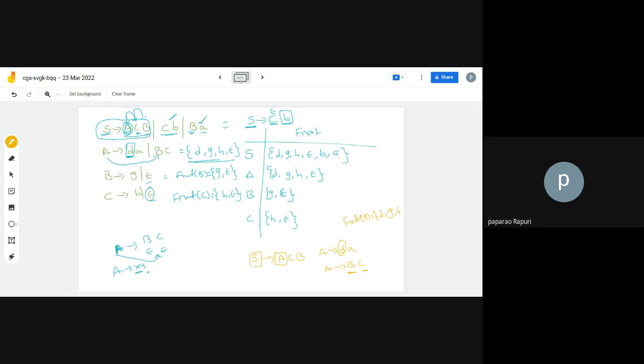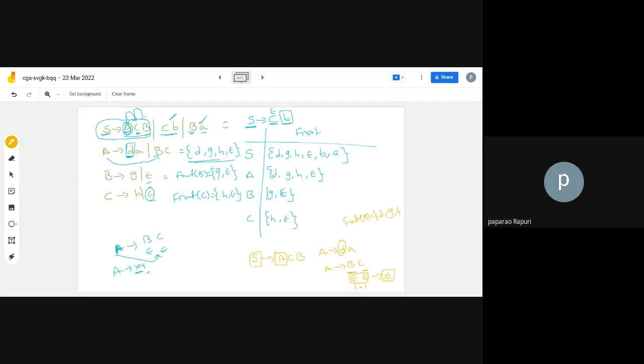So after that, if we place B is epsilon as well as C is also epsilon, epsilon multiplied by epsilon is equal to epsilon. So every time if you get epsilon anywhere, in TOC or compiler design, you can consider it as 1. 1 into 1 is 1.